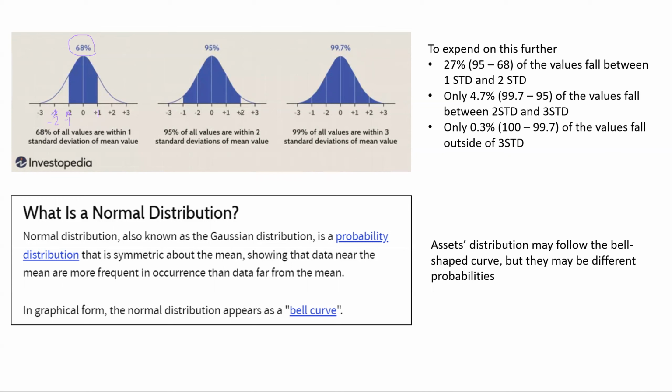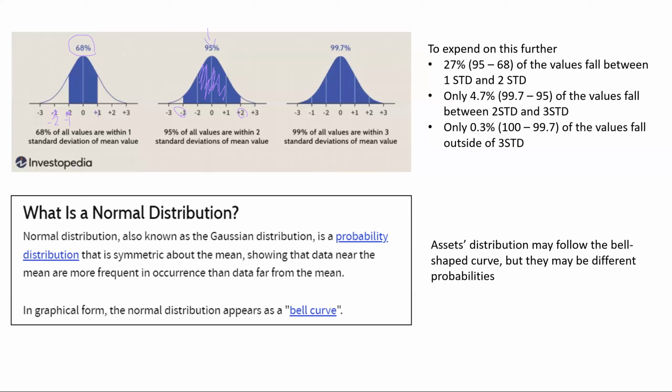And data that are between plus 2 and minus 2 standard deviations will occur 95% of the time, the shaded area within the graph. Meaning it will also include the plus and minus 1 standard deviation, which is included in the 95%.